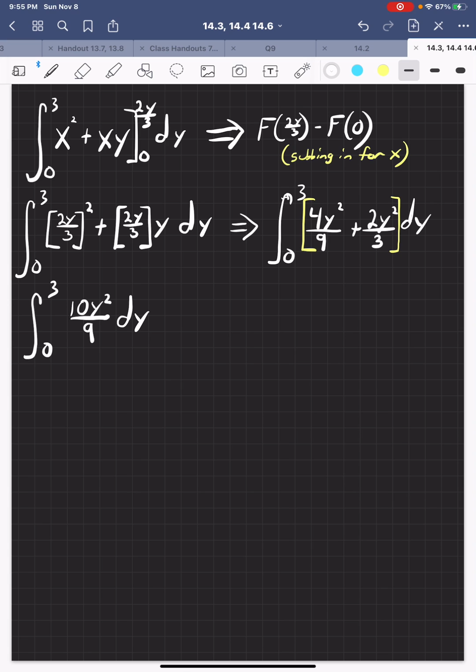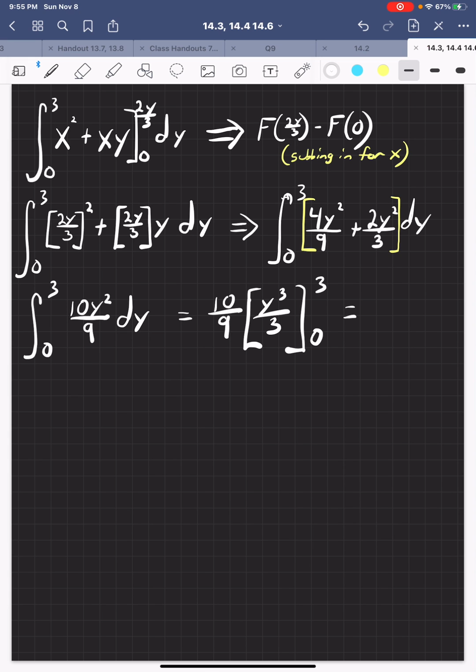Okay, I'm going to bring the 10 over 9 out front, and then I'm going to go ahead and integrate and finish this up. The only thing that will be left is the y squared, so that would just be y cubed over 3. And we're going from 0 to 3.